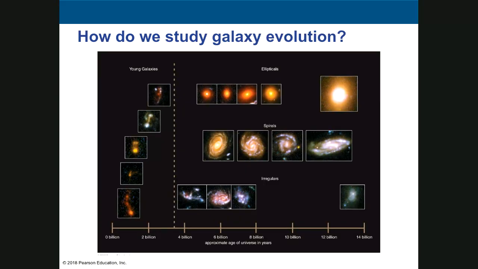When we look at the young galaxies, there's a lot of irregulars. There's a lot of weird stuff going on here. Then at about 4 billion years, our current structure takes its shape. Note that there's not a ton of information in the era before 2 billion years.